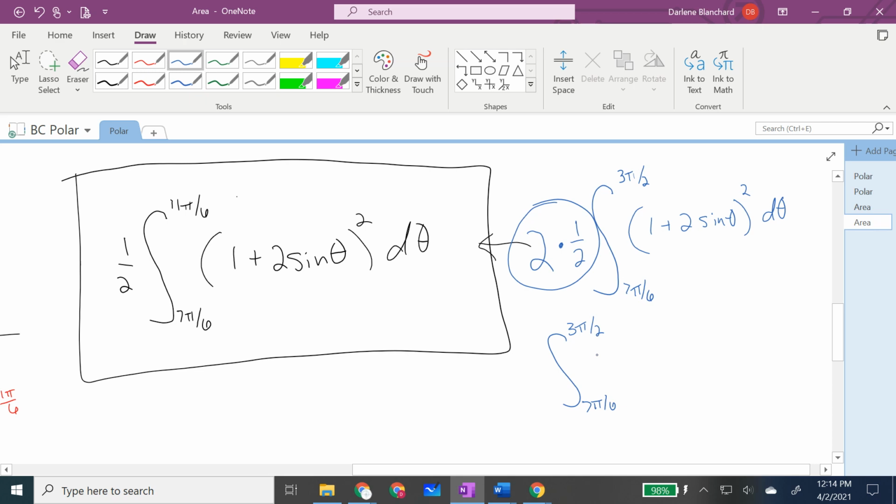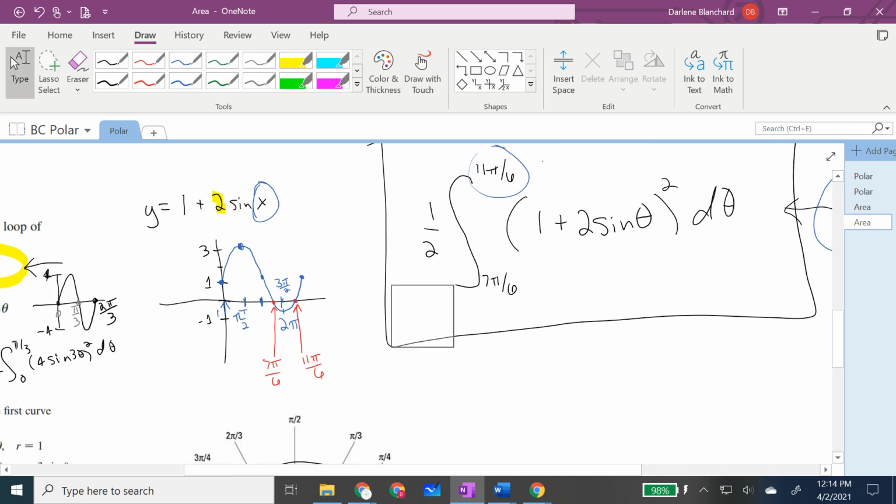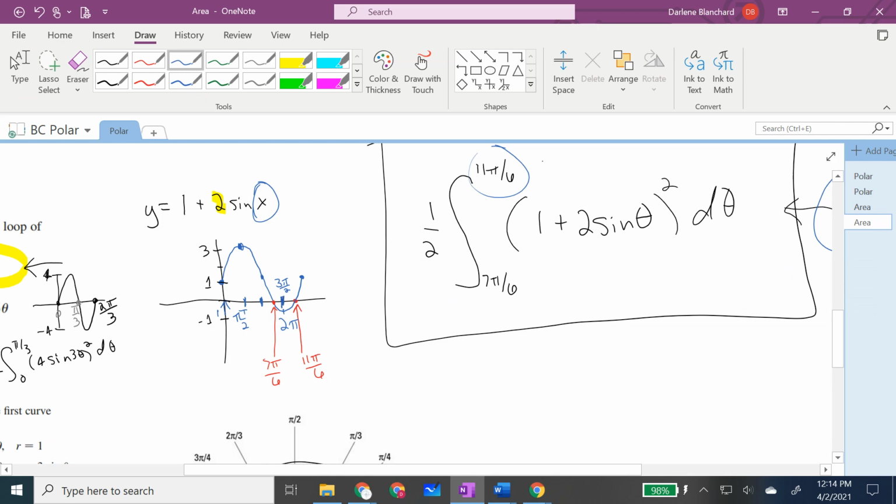So you would only see this. Most likely this is what you're going to see in the multiple choice answer, but it could also be 3 pi over 2 to 11 pi over 6. And let me go back to the picture of the symmetry. 3 pi over 2 is halfway in between.